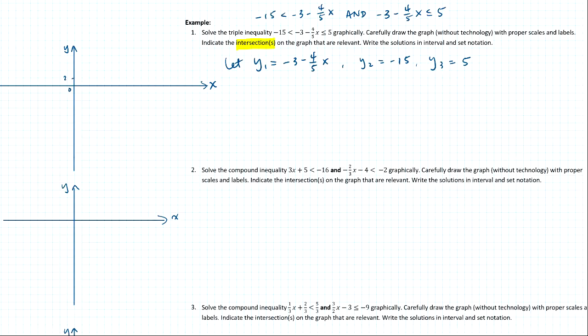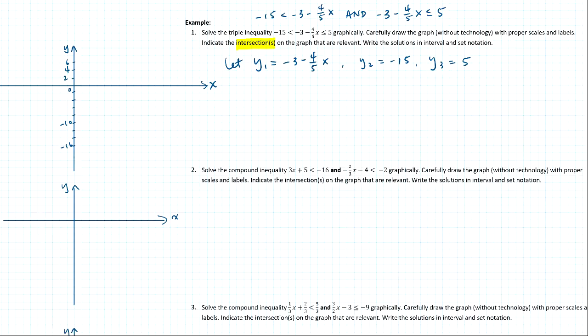So I can have 2, 4, 6, etc. And similarly, that scale should be used on the negative side as well, until I get to negative 15. So I'm going to label some of the tick marks just to make it easier for me to find the points or count the points later on. And here I have negative 16.